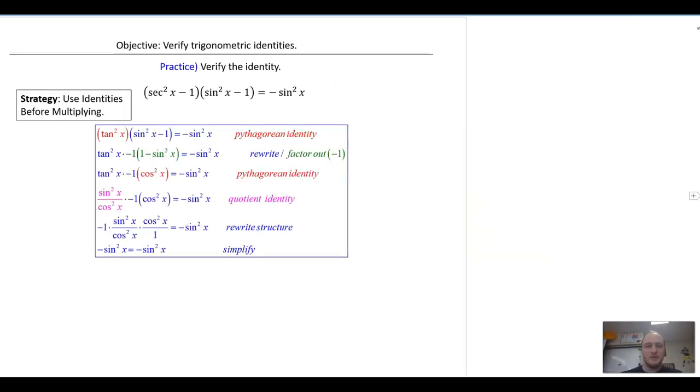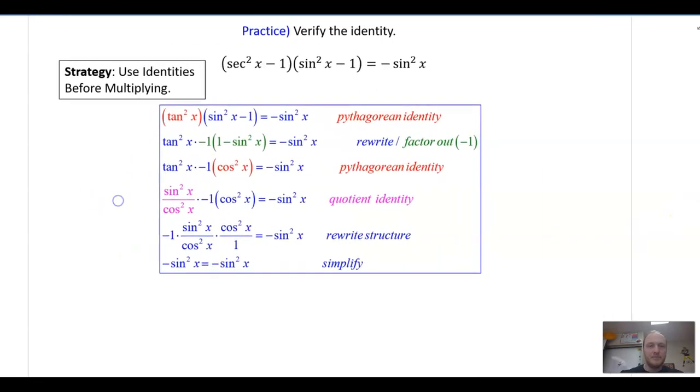Okay, and so if you do that, you get cosine squared with the negative, and here we switched out secant squared x minus 1 for tan squared x. Okay, and again, this is coming from the Pythagorean identity, right, that tan squared x plus 1 is secant squared x. We just kind of manipulated it, right? Subtracted 1 on each side.